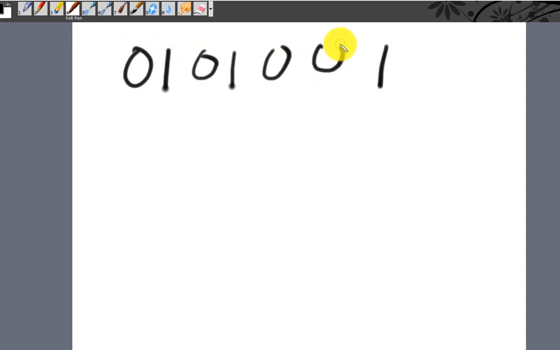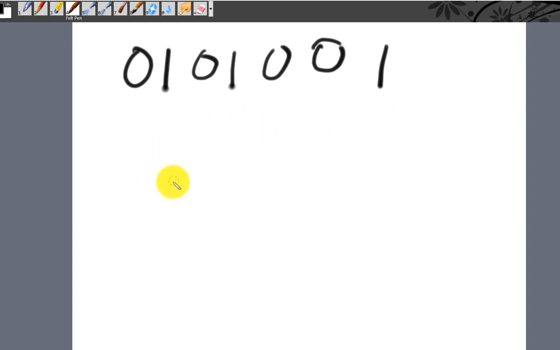Suppose the instruction is 01010001, which represents ADD BL, CL. Here 01010001 is symbolic.